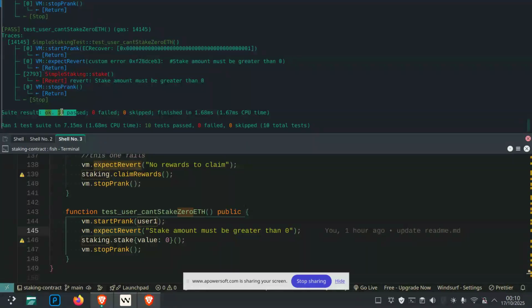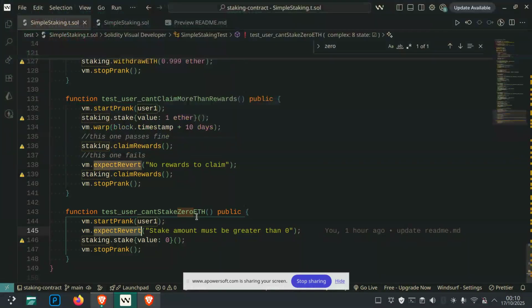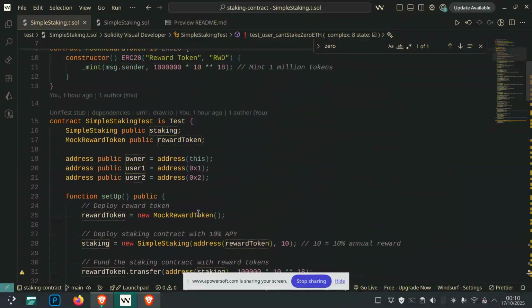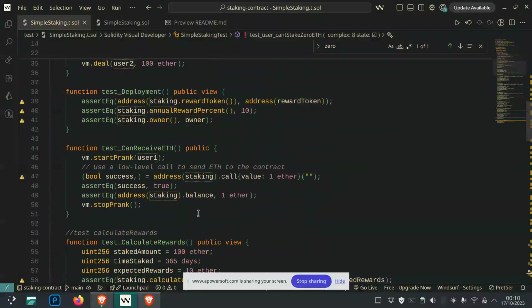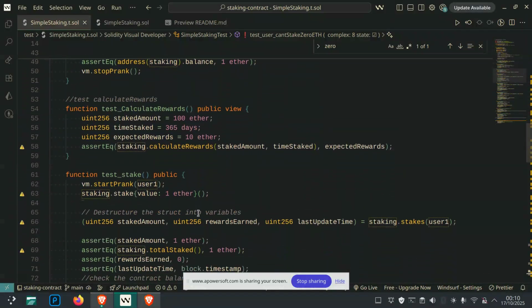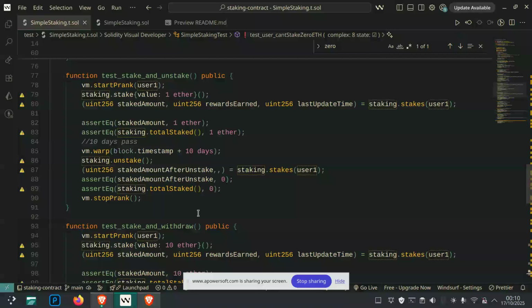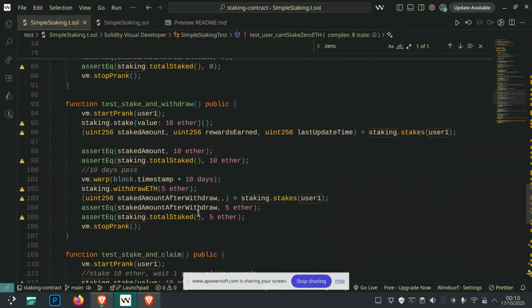And we see that all of the tests pass, none of them failed, so all is good. Again, I will give you the GitHub link. You can check the tests. They are basic. There's not much coverage. There's no invariant test or anything.